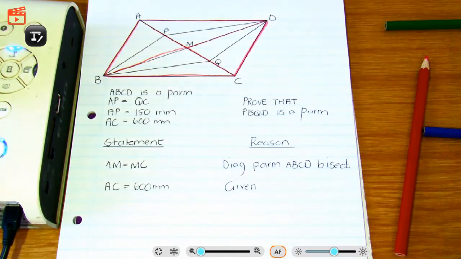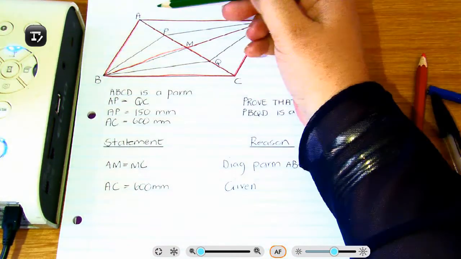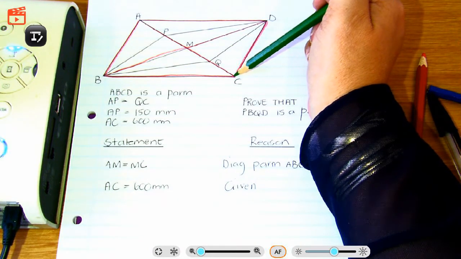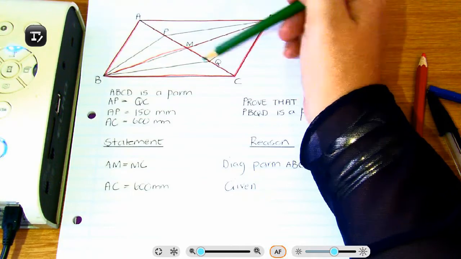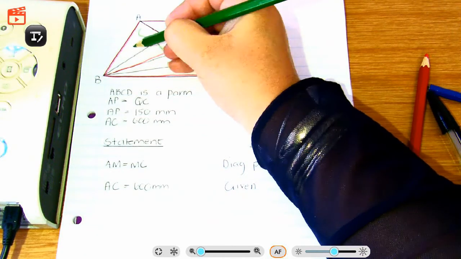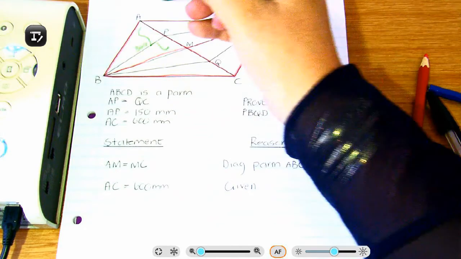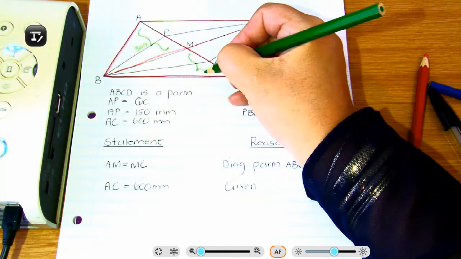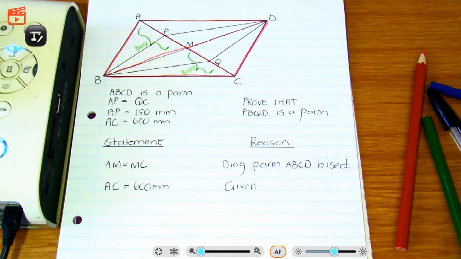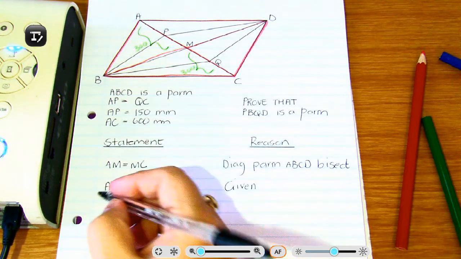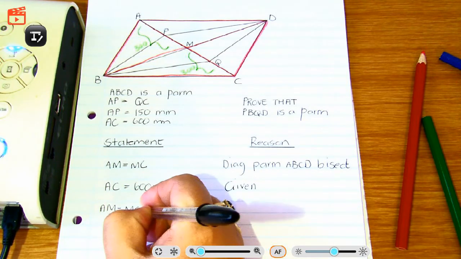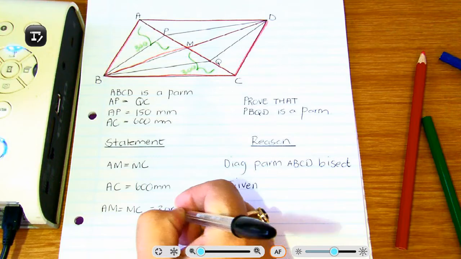But we know that AM is equal to MC, which means this should be 300, and that over there should be 300. So the way I'm going to write that is AM is equal to MC, which is equal to 300.